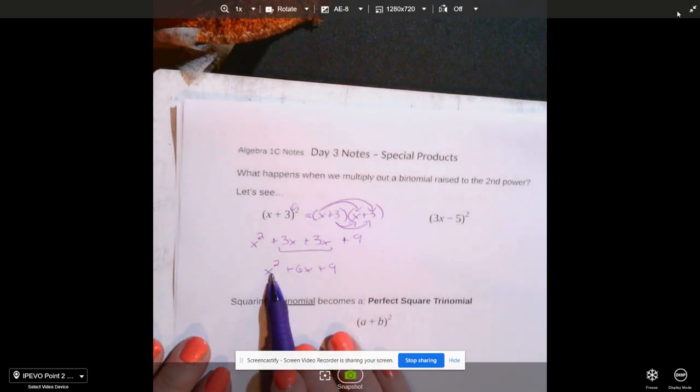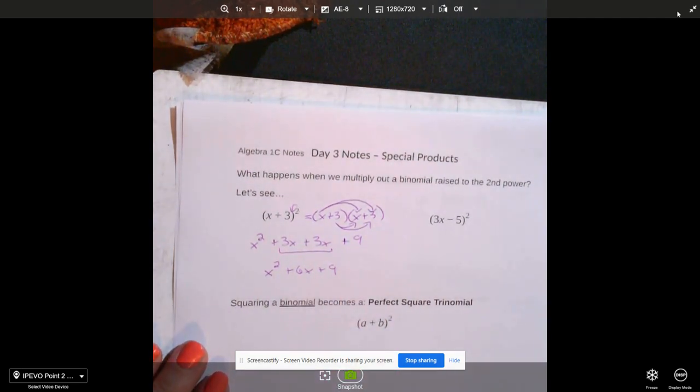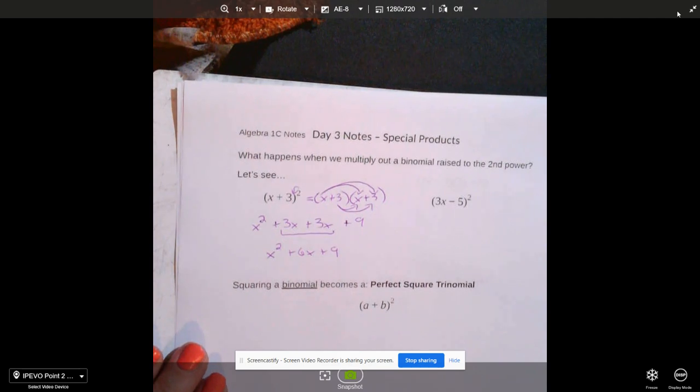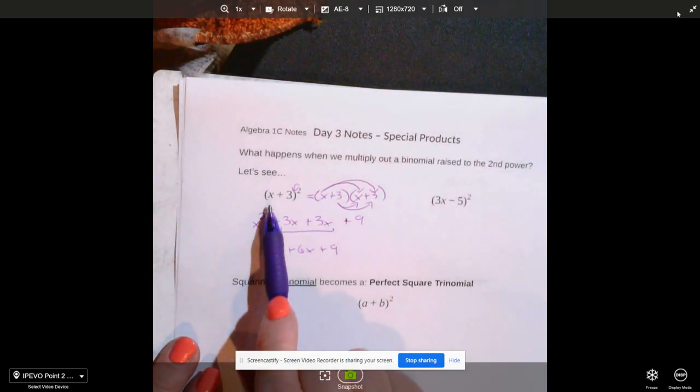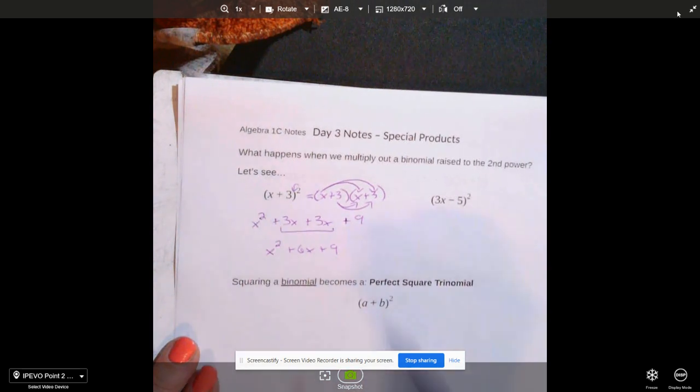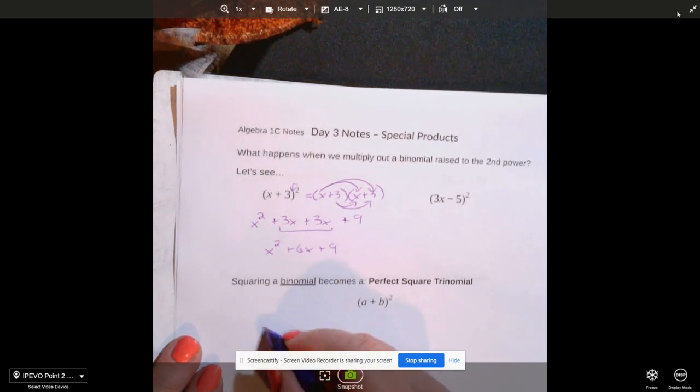Now, if you do enough of these, you're going to see a pattern start emerging. In order to do this, what you really do is take the first term and square it. So step one will be to square the first term.